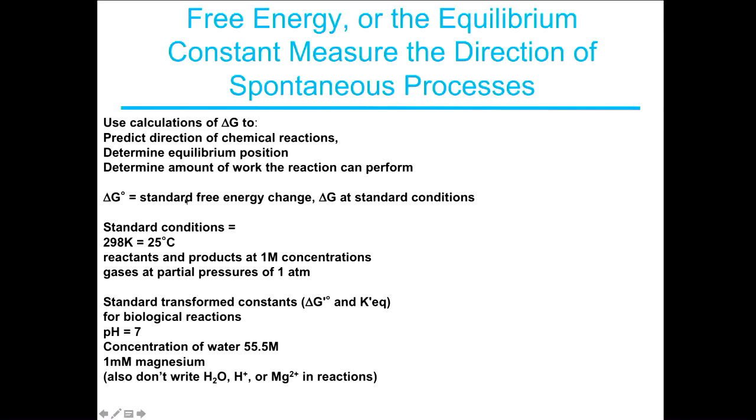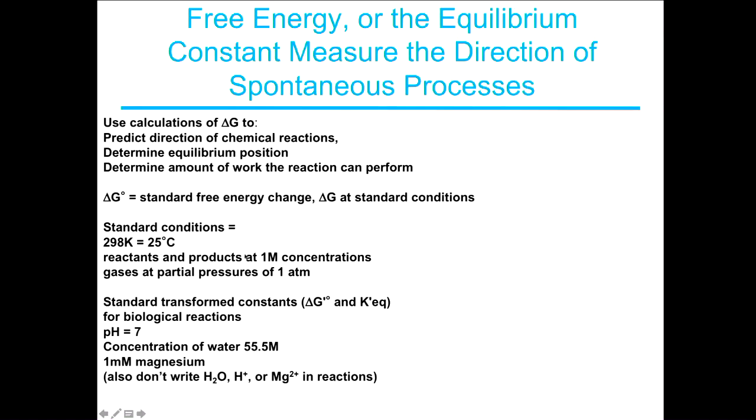So delta G 0 is the standard free energy change, meaning the free energy change at standard conditions, and that's defined as 298 Kelvin, which is 25 degrees Celsius, okay?